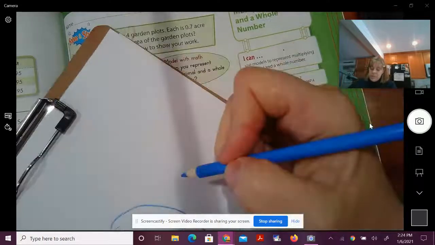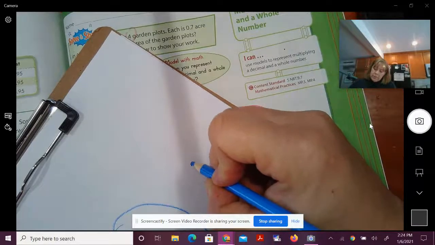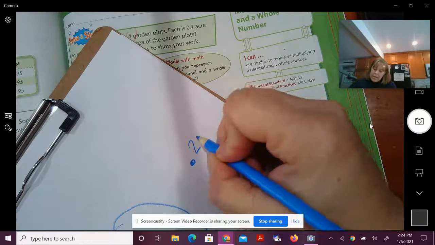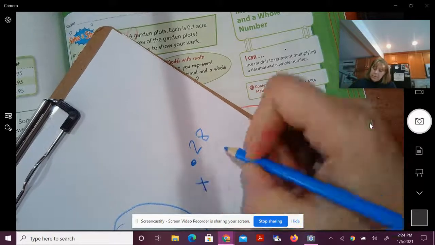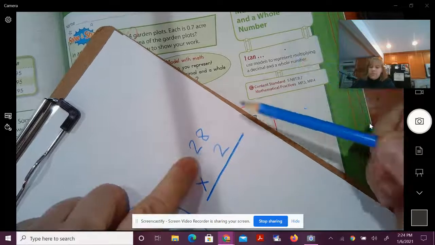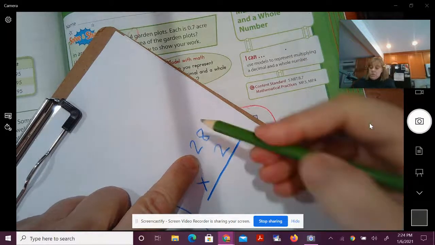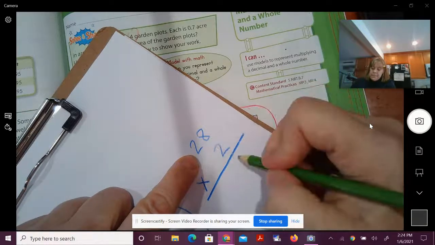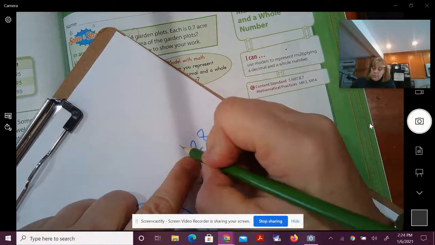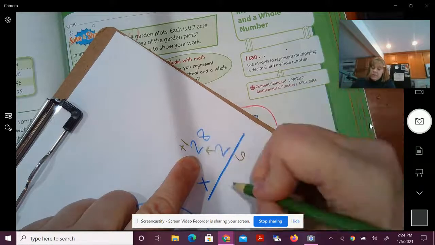So let's pretend I was multiplying 0.28 times 2, okay? So pretend that decimal's not there and just multiply this out as we normally would. So 2 times 8 is 16. Do the plus 1 right there. And then 2 times 2 is 4, plus 1 is 5.